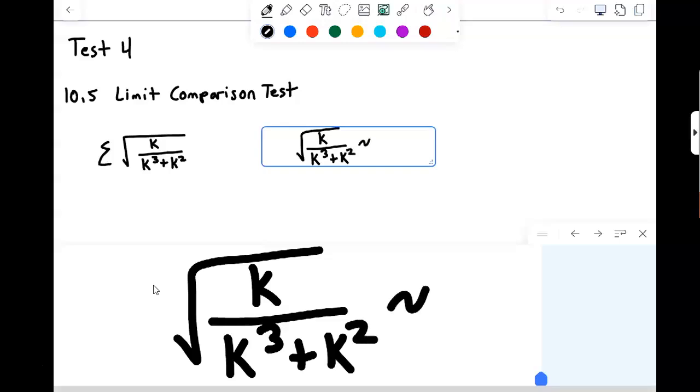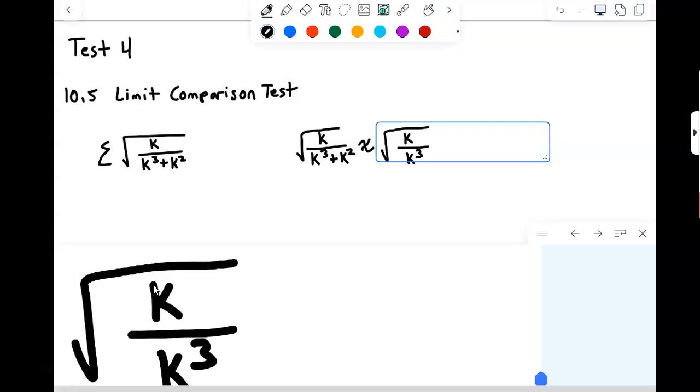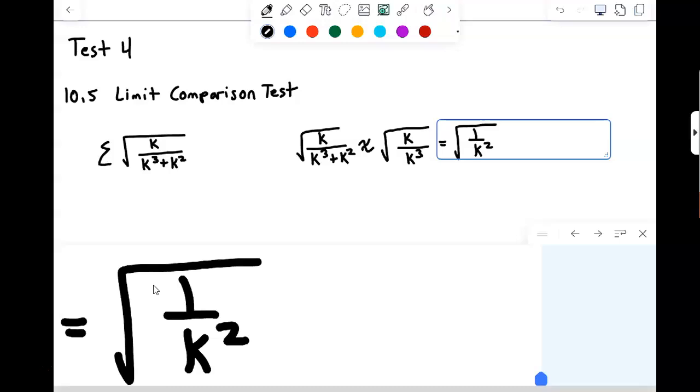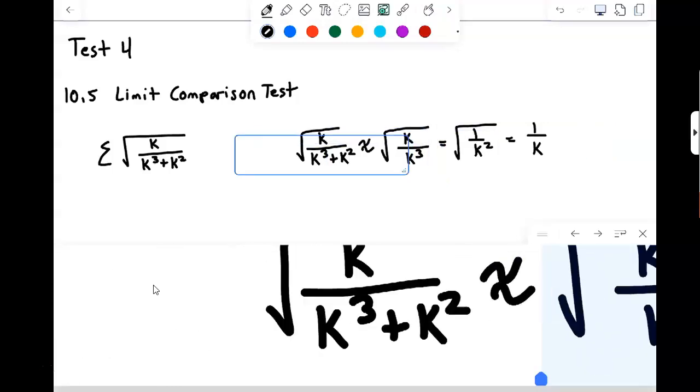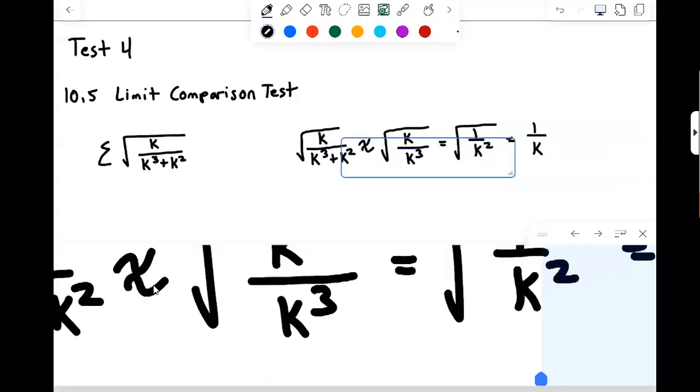The only thing that would matter in this numerator is the k. The only thing that would matter in the denominator is the k cubed. So that can be simplified to be 1 over k squared inside the square root, which could be simplified by taking the square root of both things to 1 over k when k gets really, really big. So we would compare this to the 1 over k sequence.